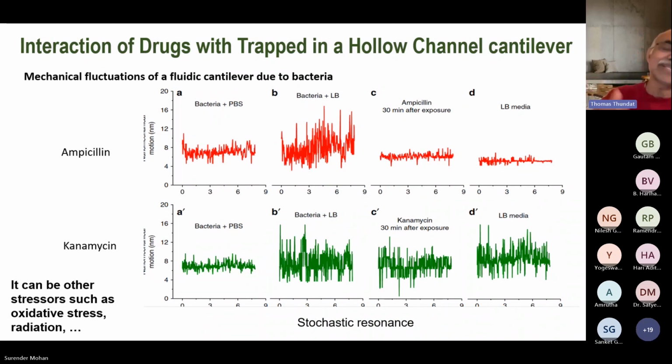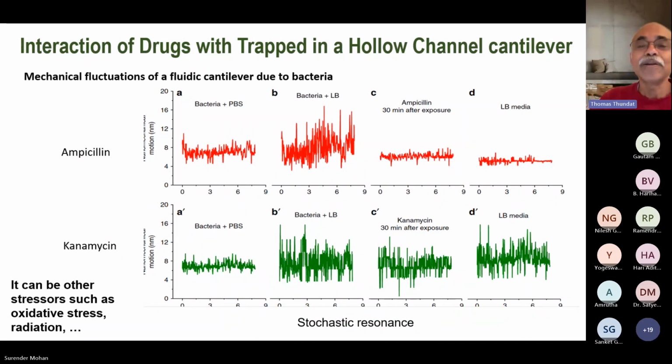You can see some noise because the bacteria are active. Now you send some sugar solution, that is B, and the red curve increases in noise.